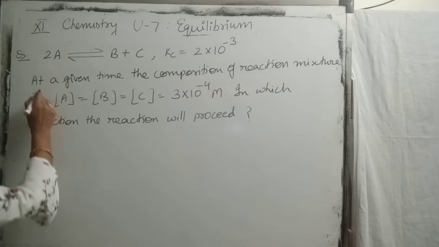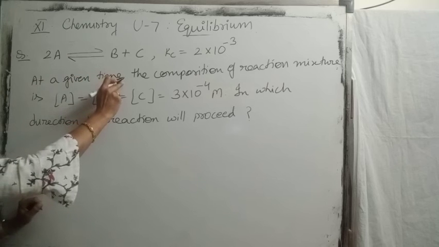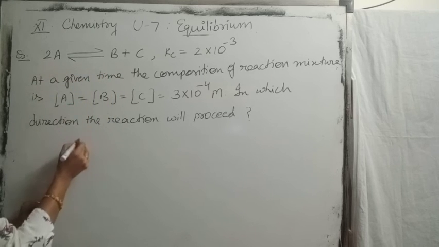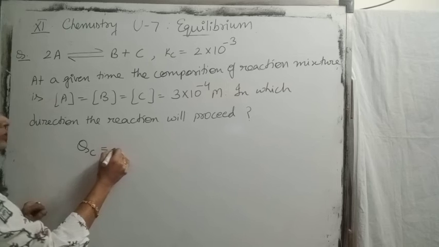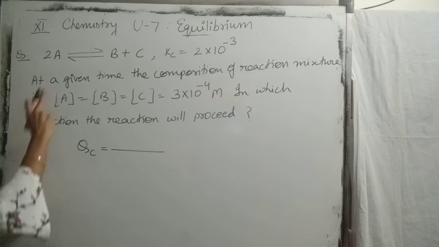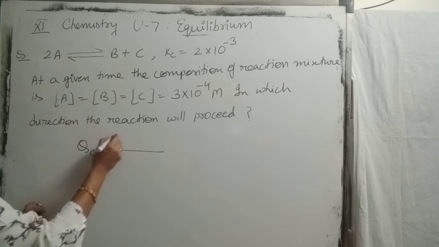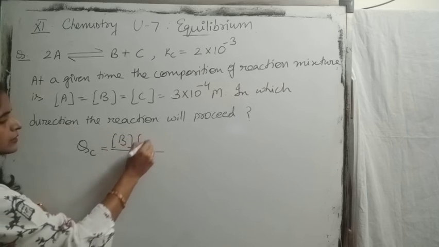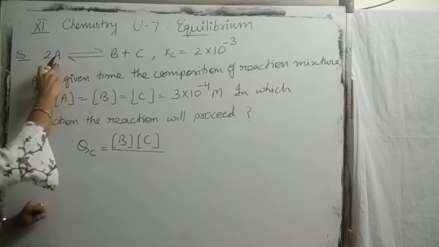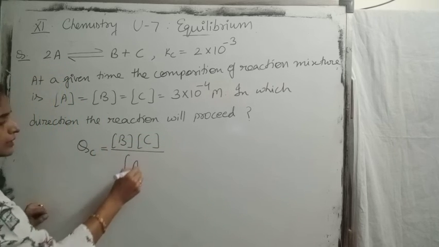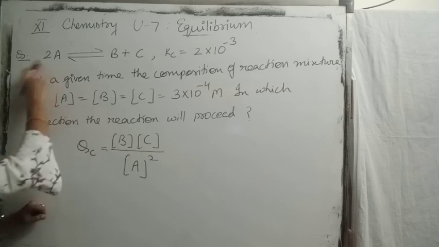So these are the concentrations at any given time. So for any given time, we write the formula for Qc. Qc is the ratio of the molar concentration of products divided by the molar concentration of reactant raised to the power 2.